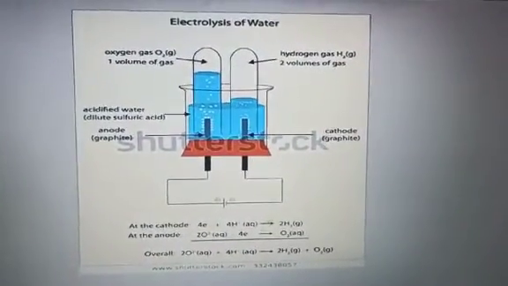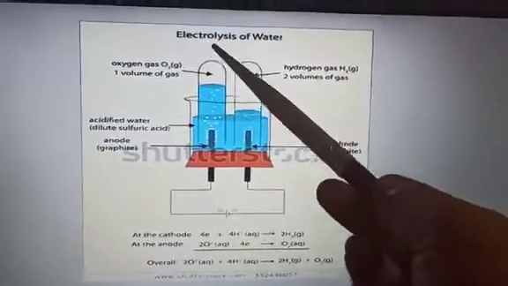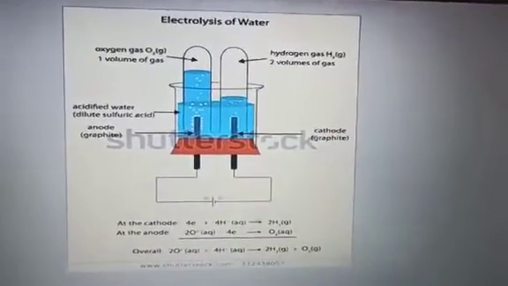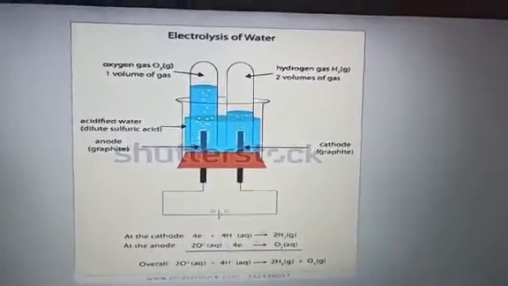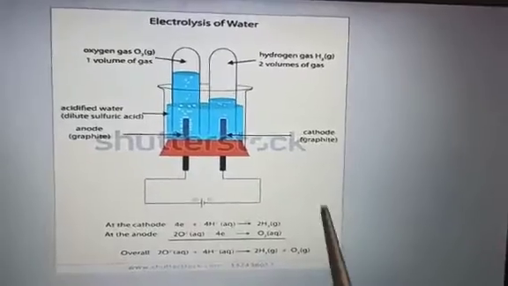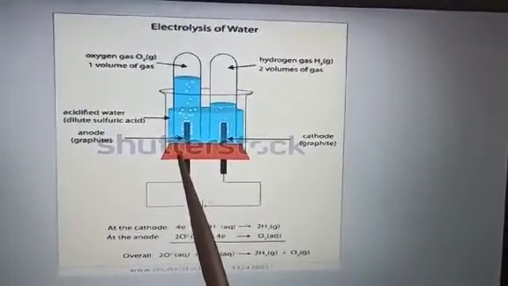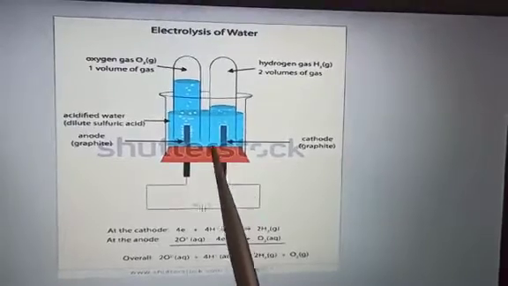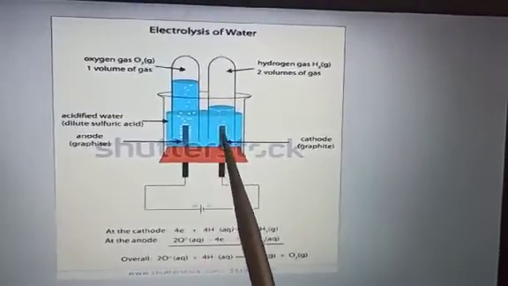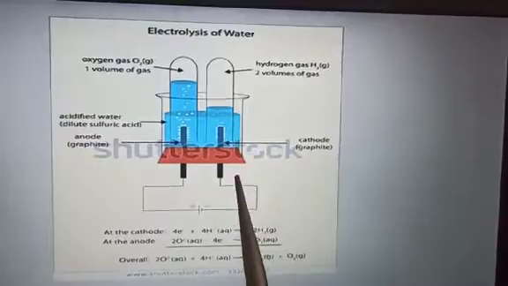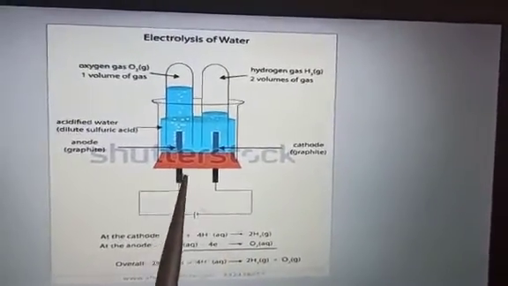Here we are going to do electrolysis of water. We will see how electrolysis of water is done. In the figure you can see that this is a jar we have taken, and from the bottom of the jar two rods, which are graphite rods, will work as electrodes.